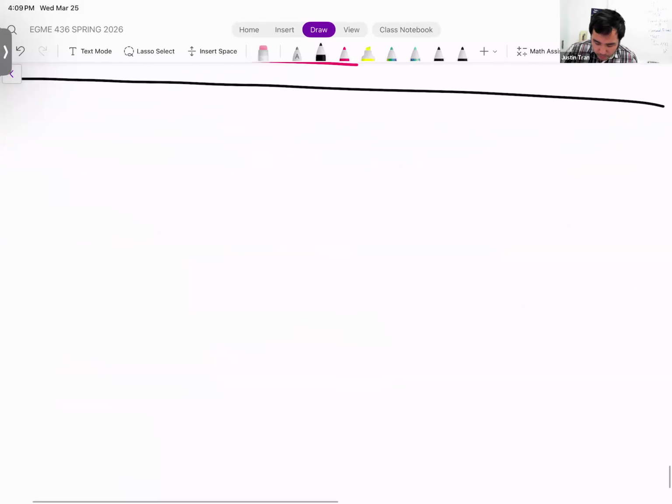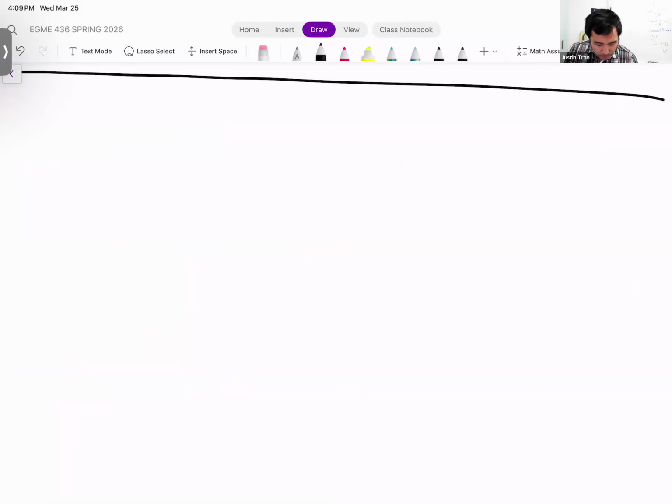The next step in this derivation is to come up with an expression, and the way we're going to do that is we're going to use momentum.